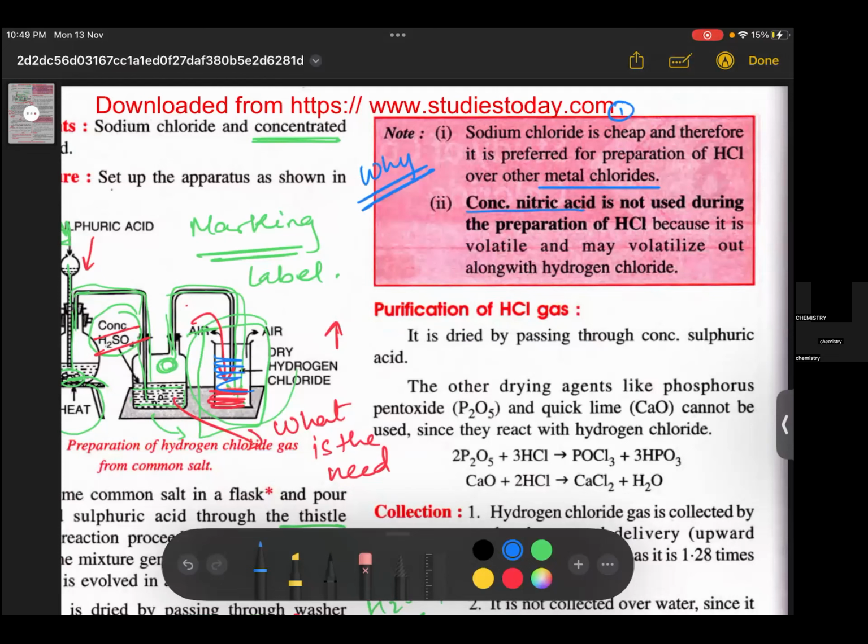Concentrated nitric acid is not used. What do we prefer? We prefer concentrated sulfuric acid, because concentrated nitric acid is volatile and may volatilize out along with hydrogen chloride. So this is a very important give reason.